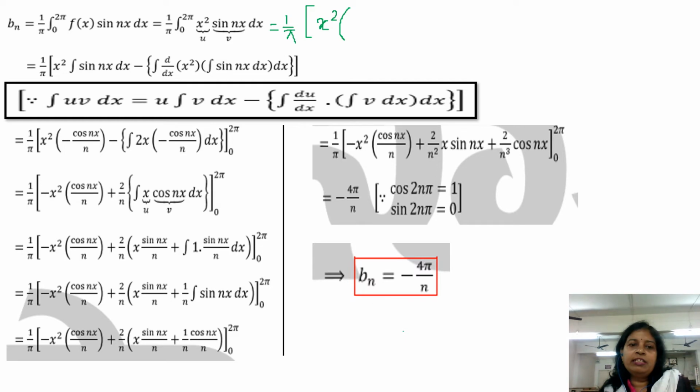Sin nx integration is minus cos nx upon n. Okay, this is your v1. So I have written u v1, and in that formula, alternate plus, this is the first term, plus sign before it, and then minus differentiation of x square, which is 2x, and again one more time integration of cos nx upon n.